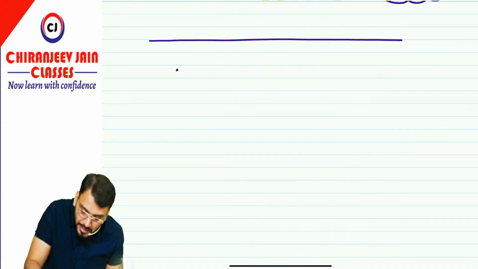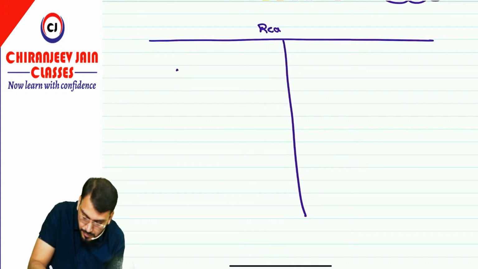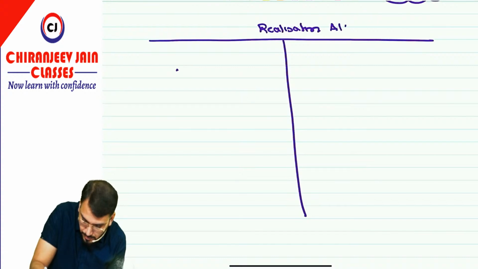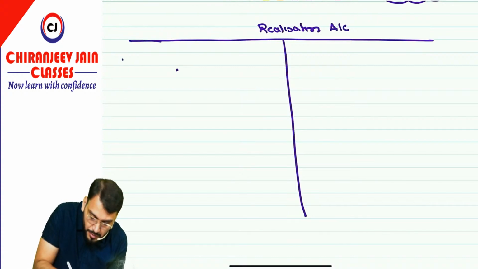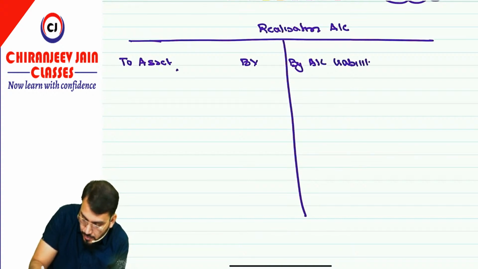Realization account. To all assets will come, at book value, by all liabilities will come, at book value.